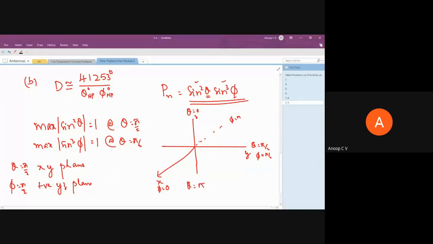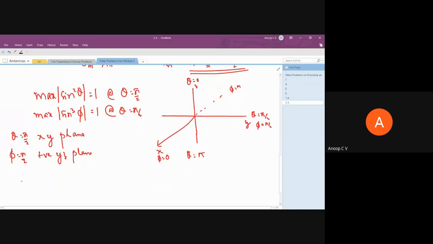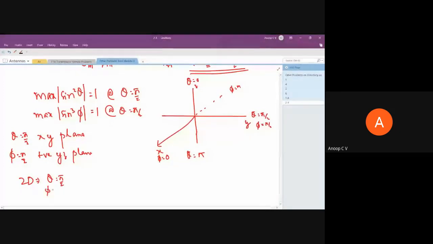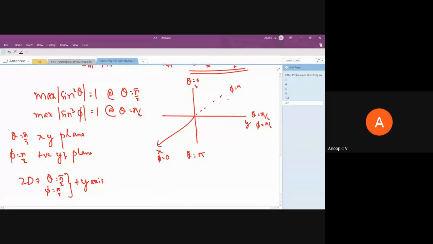If you consider only 2D, theta equal to pi by 2 and phi equal to pi by 2 both occur along the positive y-axis. So this pattern will have maxima along positive y.